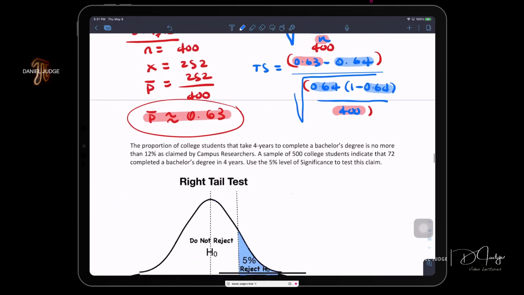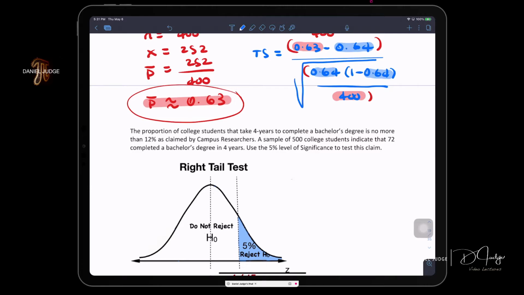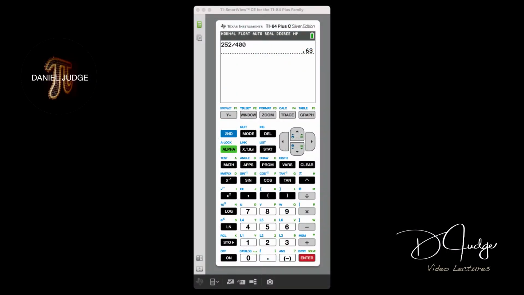And this is where we use our calculator. Parentheses, 0.63 minus 0.64, go back, close that, divided by, open this parentheses, 0.64 times, now put another open parentheses and put 1 minus 0.64.